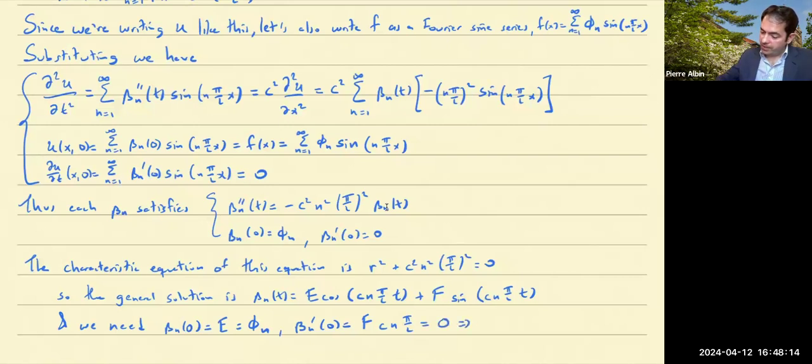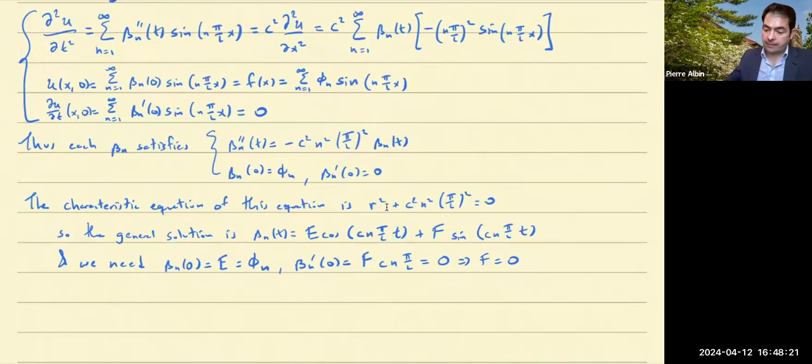Since c n pi over L is not 0, that tells us that F is equal to 0. Thus, we have found that beta n of t is equal to phi n times cosine of c n pi over L t.